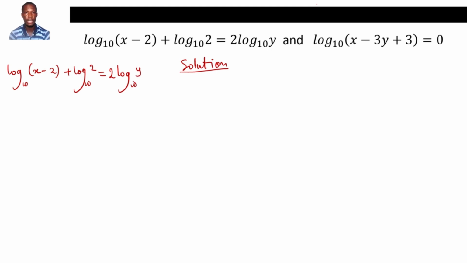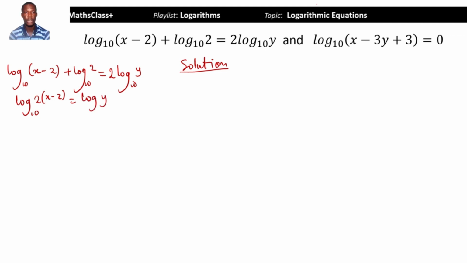So I will rewrite this expression to simplify it as log of 2 times x minus 2 in bracket, and this is to the base 10, equal to log y squared also to the base 10.